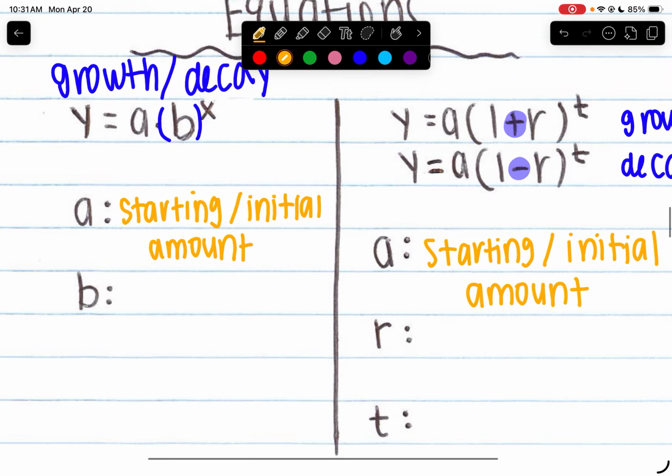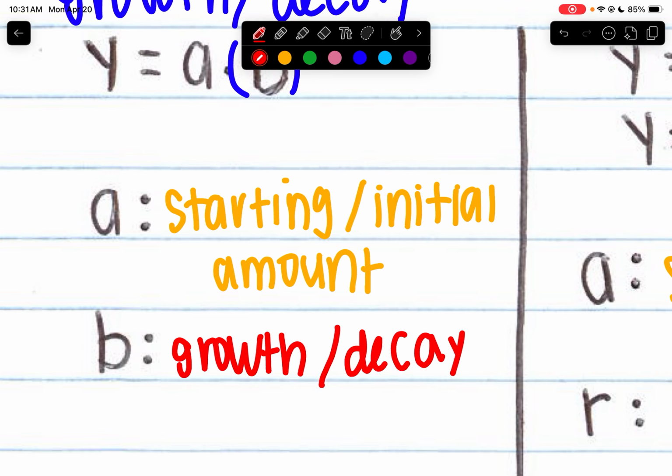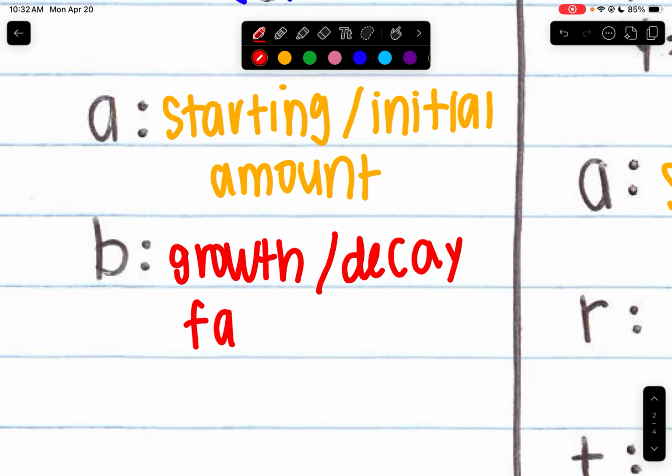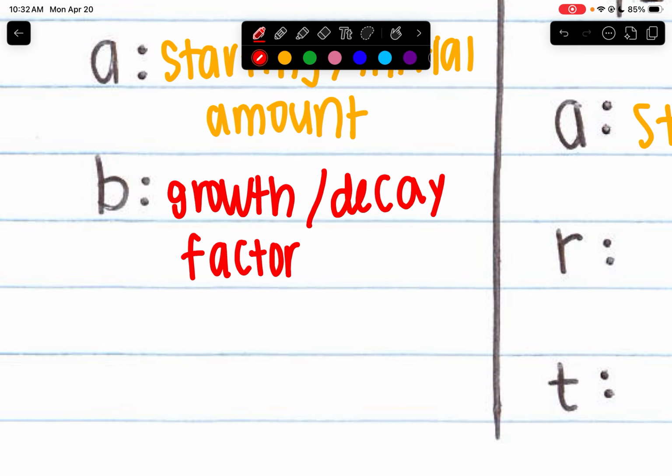Okay. And then on the front page, we talked about how B was the growth or decay factor, just depending on what's happening there. So this can be growth or decay factor. But typically, when they give you that, it's going to be given in a rate form. So it's going to say rate.